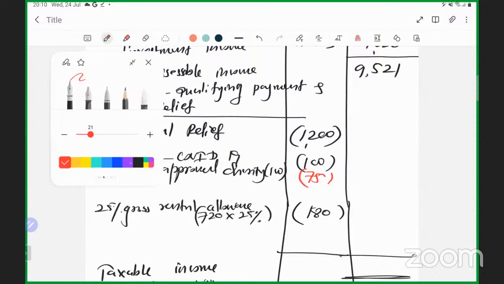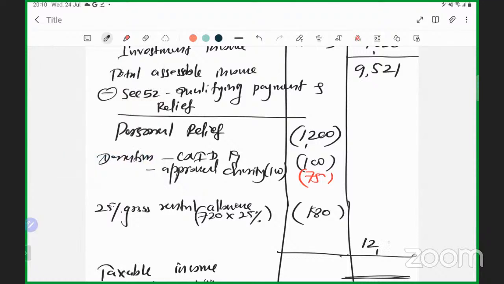Therefore now you can get the total qualifying payment, including that donation to charity. So 1 million 355.